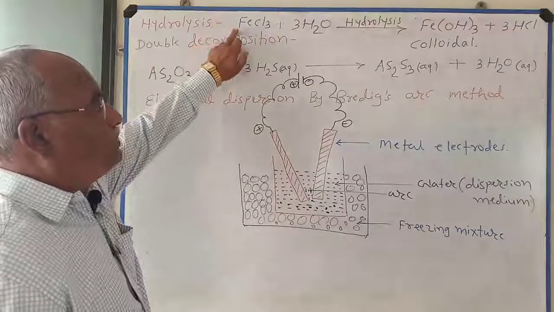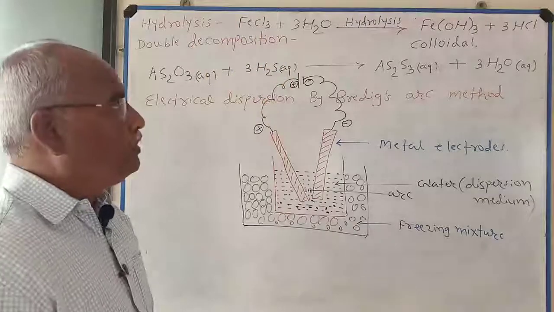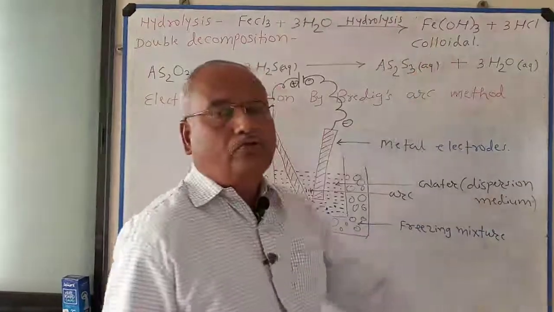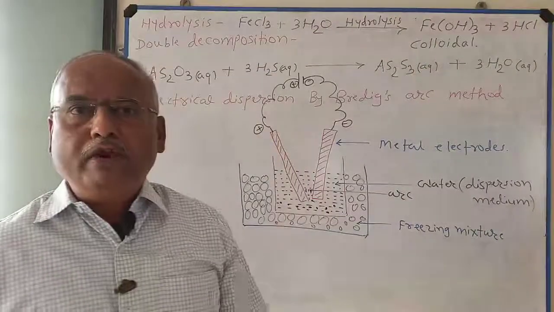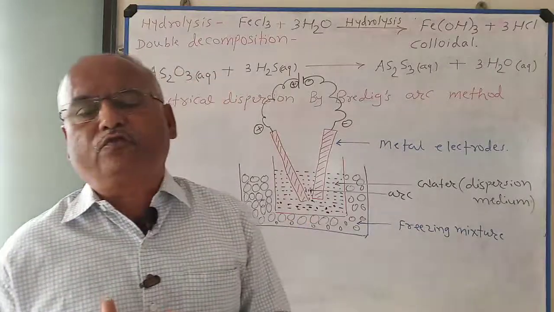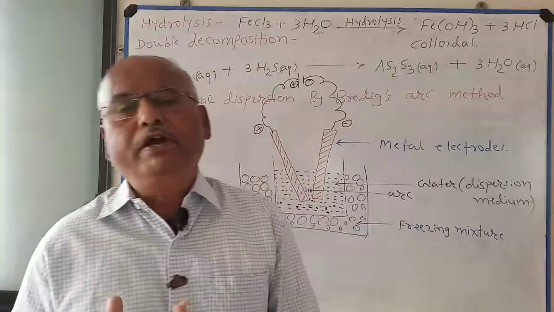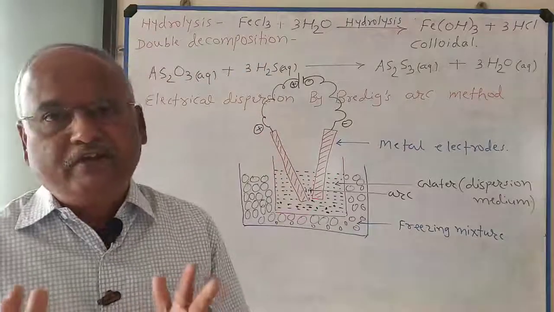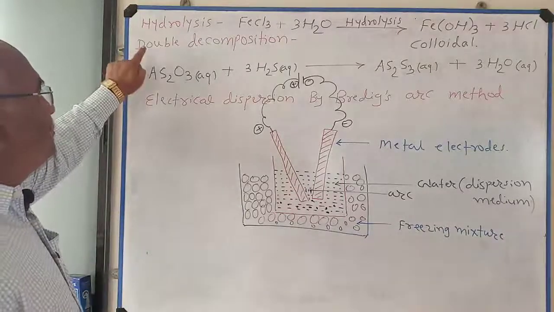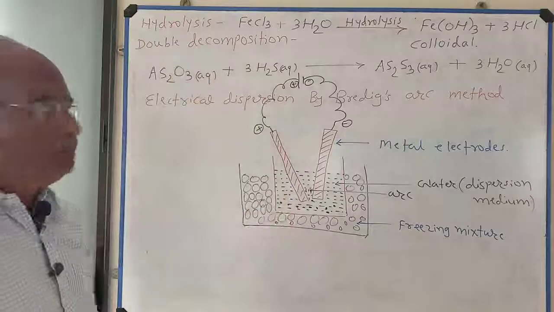Ferric chloride when hydrolyzed with water, we get ferric hydroxide colloid. Colloidal solution of ferric hydroxide is obtained by hydrolysis of ferric chloride. It is a simple method. Second method, double decomposition.